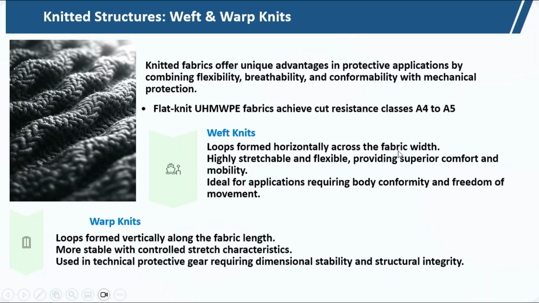These are more stable, with controlled stretch characteristics, so it is not stretchable like weft knitted fabric. These are used for technical protective gear where dimensional stability is required. For those applications we use warp knitted fabrics.